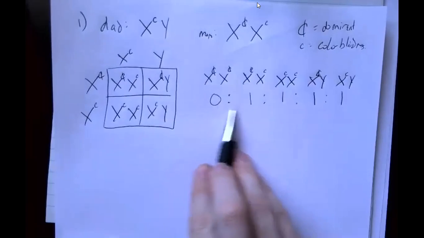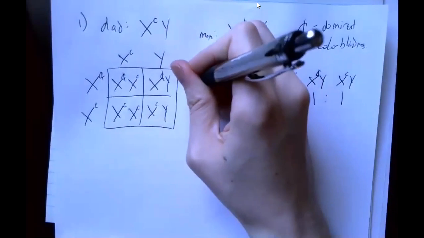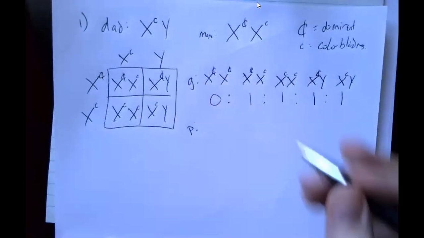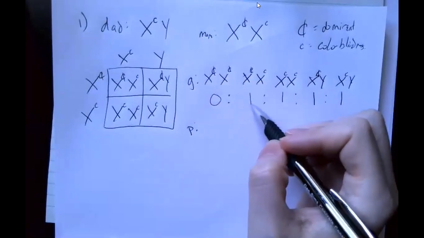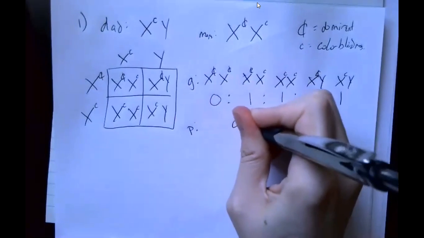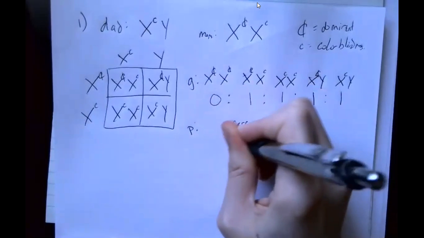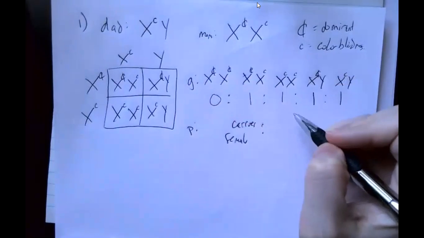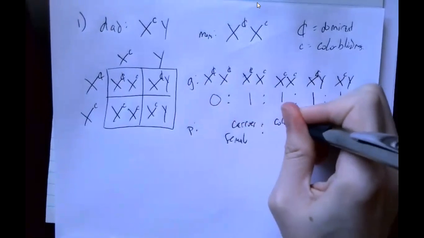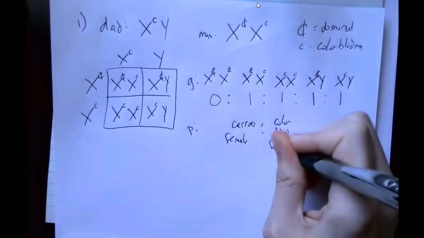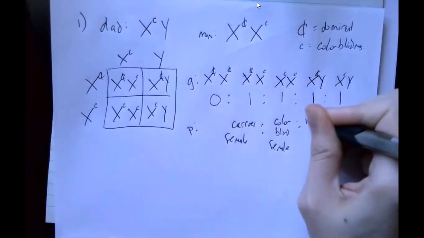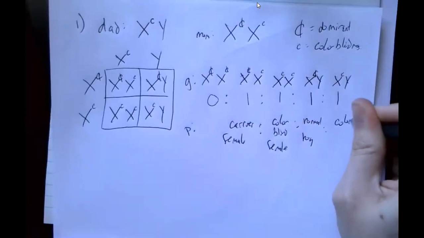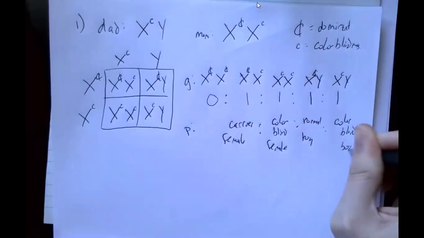Okay, so the ratio is going to be the same for the genotypes, which is at the top there, as it will be for the phenotype. So for the phenotype, we have 1 carrier female, we have 1 colorblind female, we have a normal boy, and we have a colorblind boy.